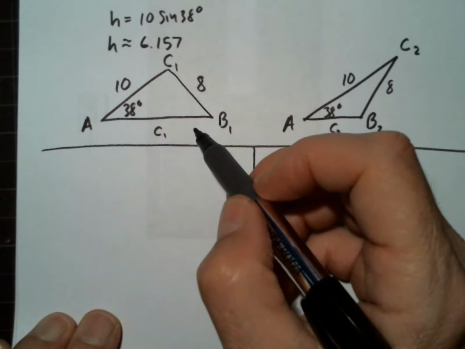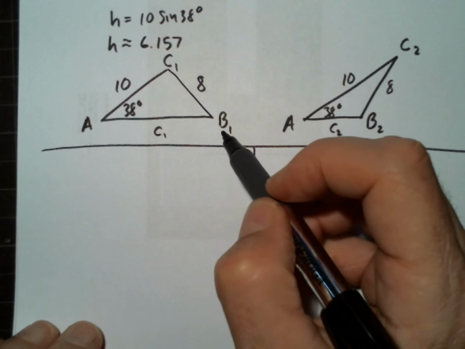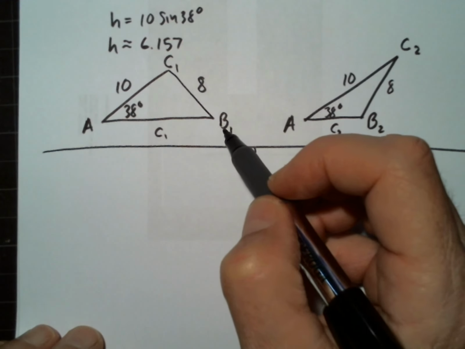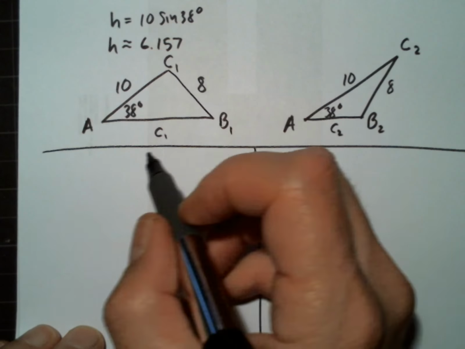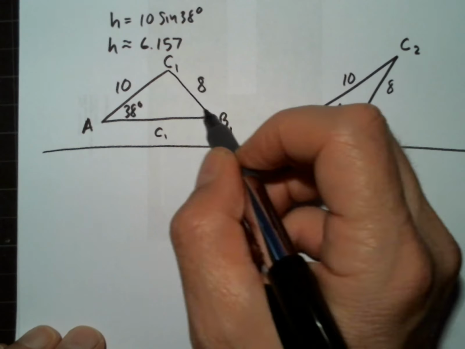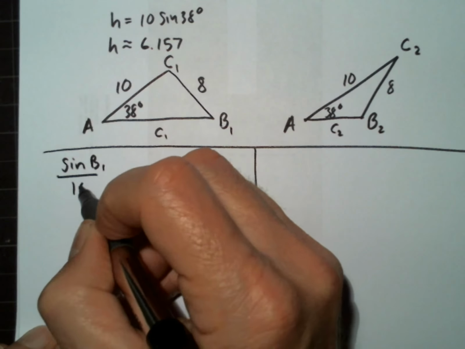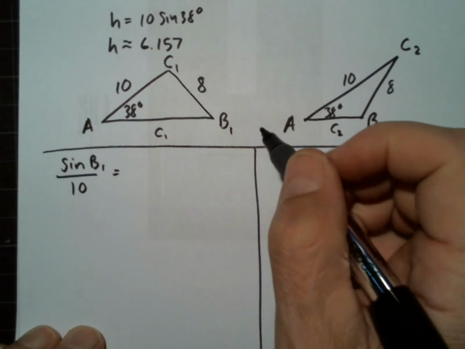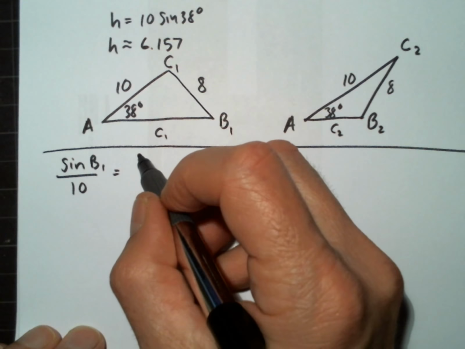So we're looking at this. We can't find an angle without using trig, so we have to find angle B first. Sine B1 over 10 equals sine 38 over 8.